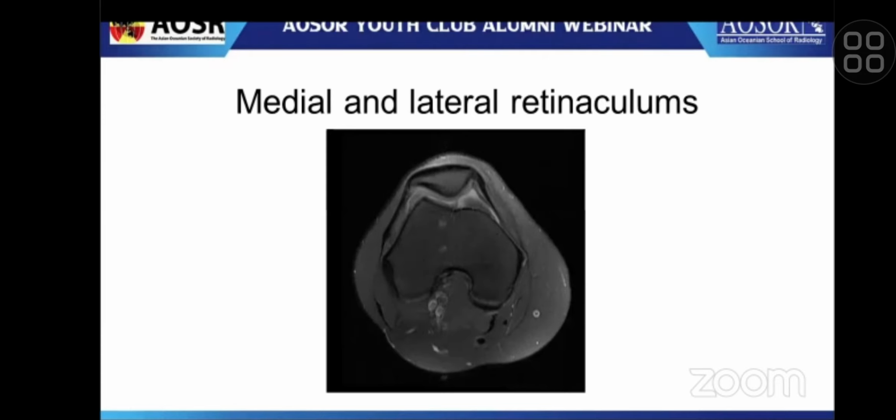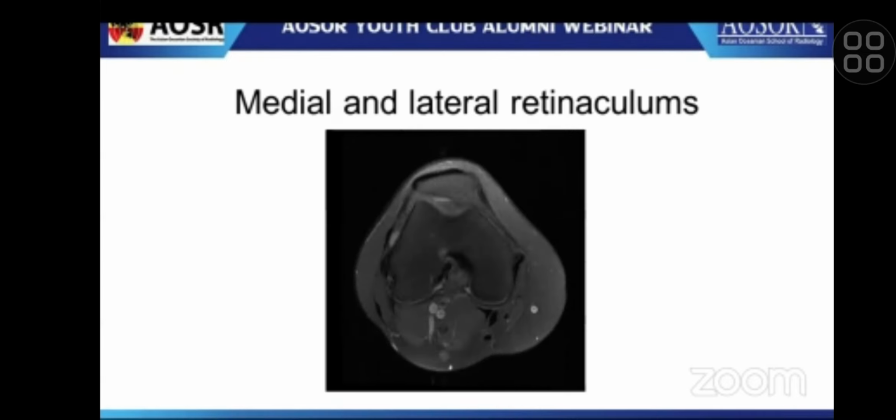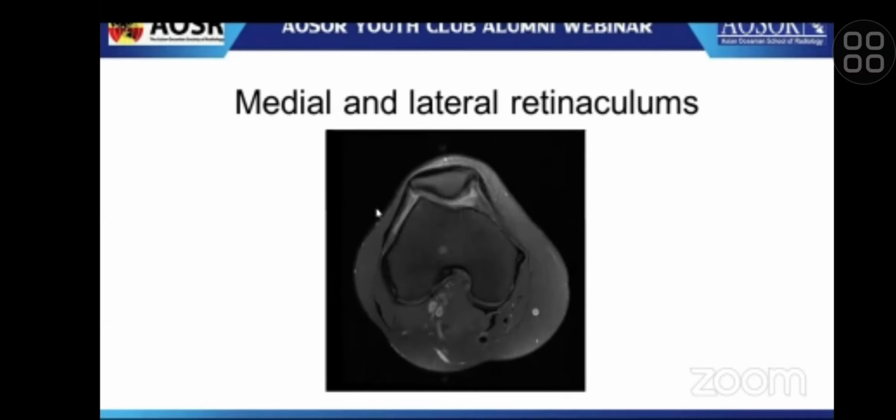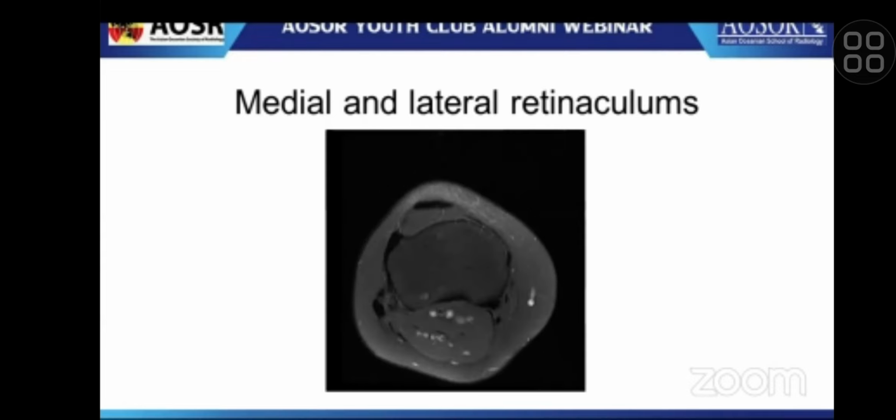The deep layer has contributions from the medial patellofemoral ligament, and at the lateral retinaculum, the superficial layer is organized from the lowest fibers of the iliotibial band, and the deep layer is comprised of the lateral patellofemoral ligament. They are well-defined low signal bands, but often difficult to distinguish into superficial and deep layers.